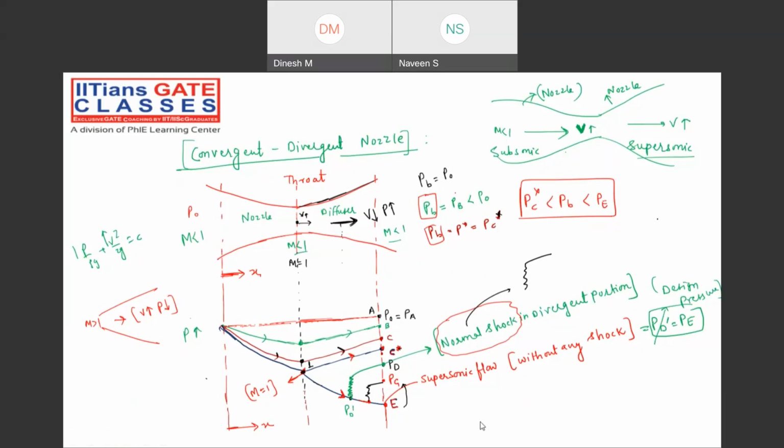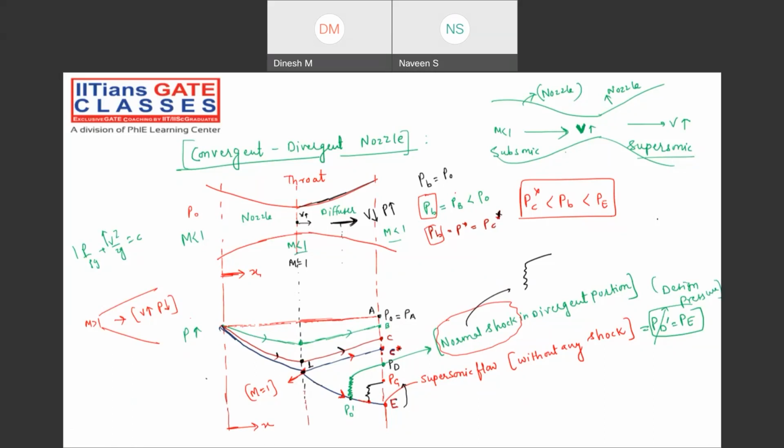Understanding my point? Normal shock means the disturbance that has been happening in the flow, the disturbance which is happening perpendicular to the flow direction, that disturbance we call normal shock wave. Understanding my point? Shock wave means there are multiple types of shock wave here. We have normal shock wave, oblique shock wave, and we have the expansion shock wave.